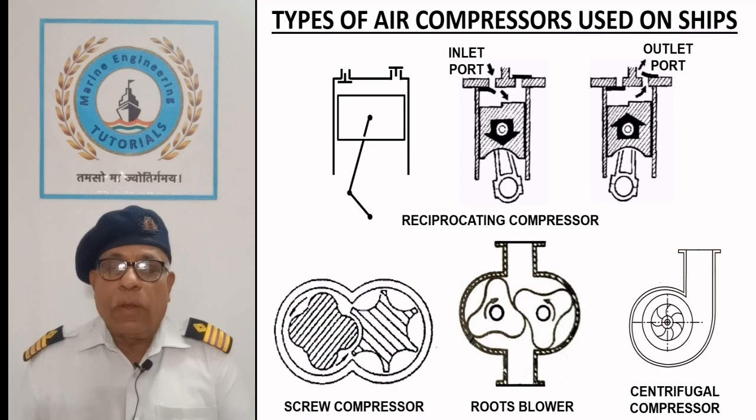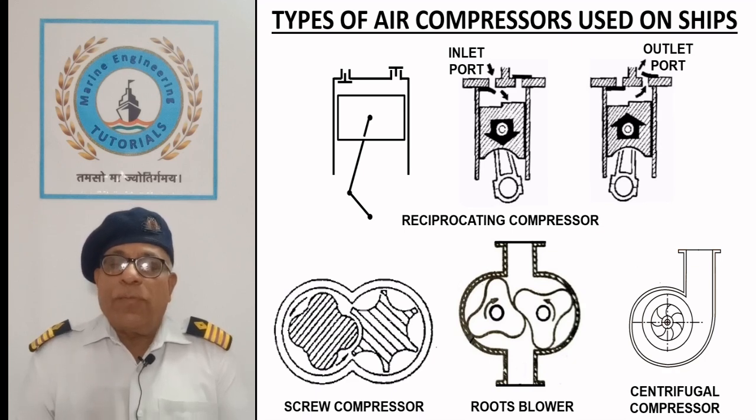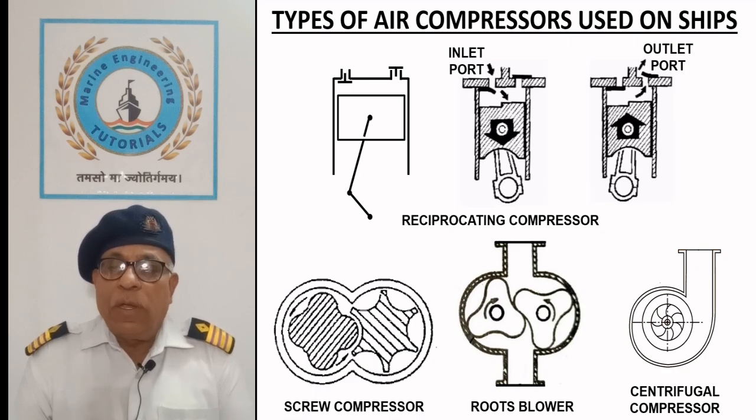Centrifugal compressors are equipped on ship's diesel engine and driven by gas turbine using the engine's exhaust gas. These compressors supply combustion air to the engine at pressure up to 3 bar.